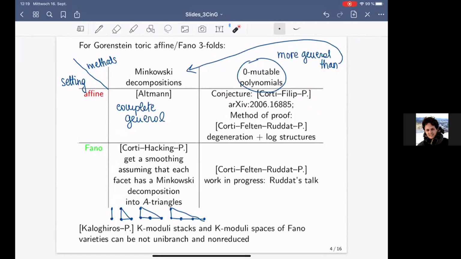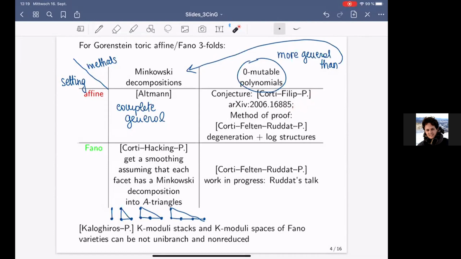If you're interested in that, you can look on the arXiv. This has already appeared, the conjectural framework. Otherwise, you can look at the talk by Alessio from, I don't know, a month ago. And this is just the conjectural picture.